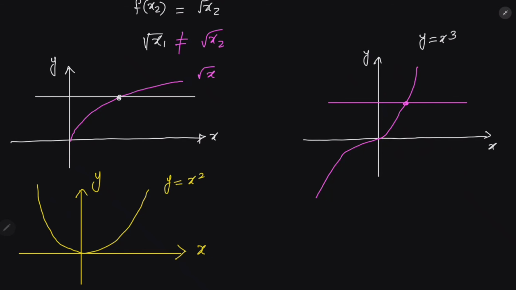If you take a look at the values of -1 and 1, for example, the function value is 1 for both. So for these two values, you have only one range value.